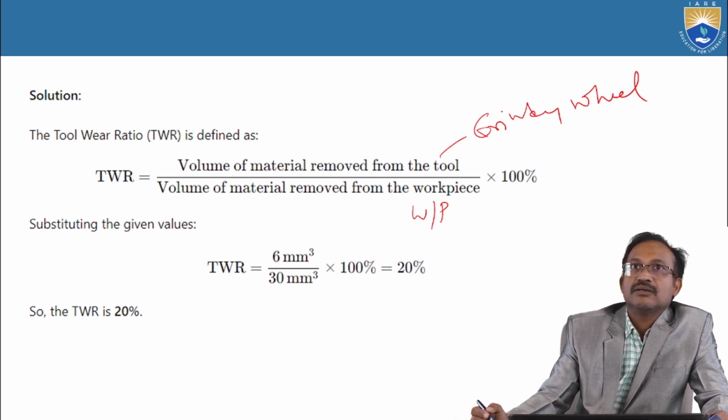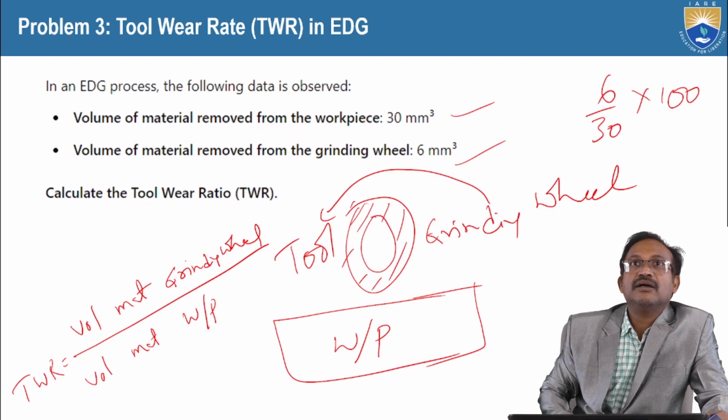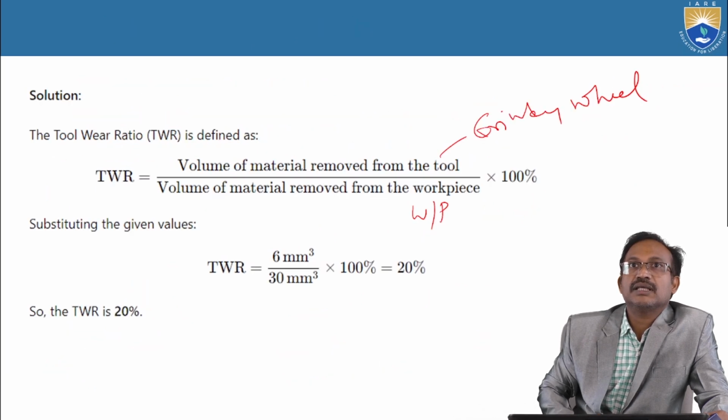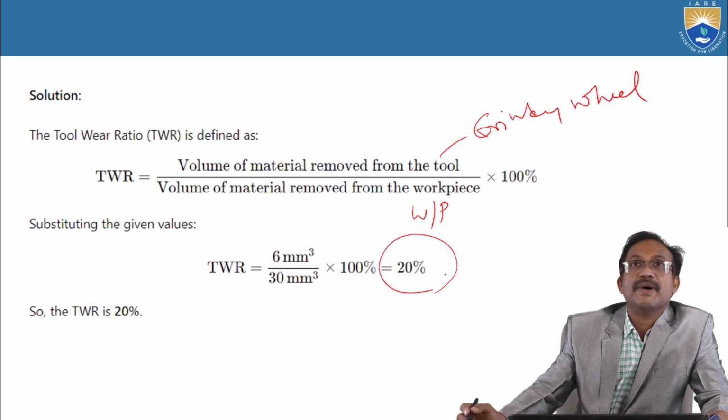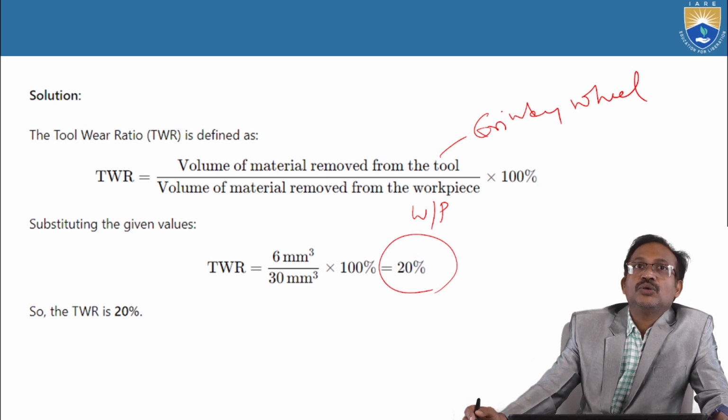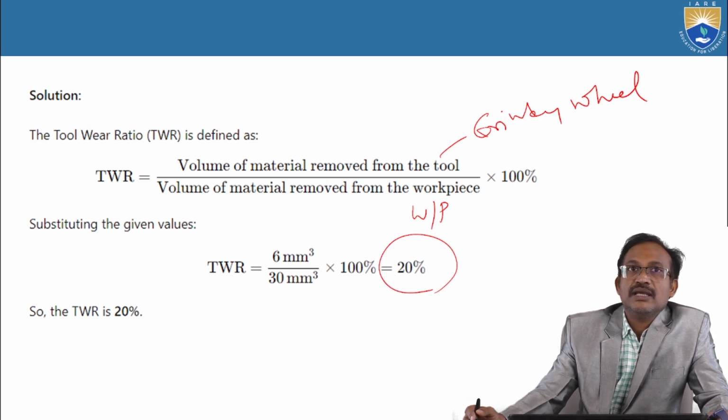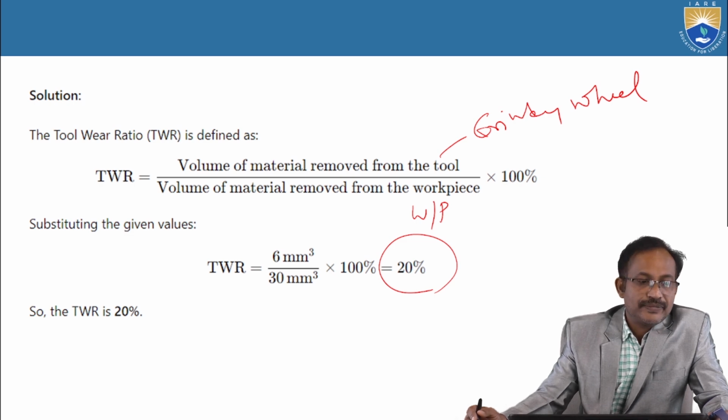With the given data, 6/30 into 100 is 20%. So the tool wear ratio is 20%.